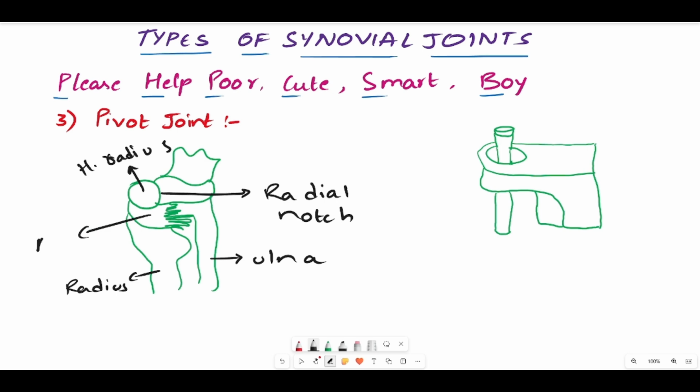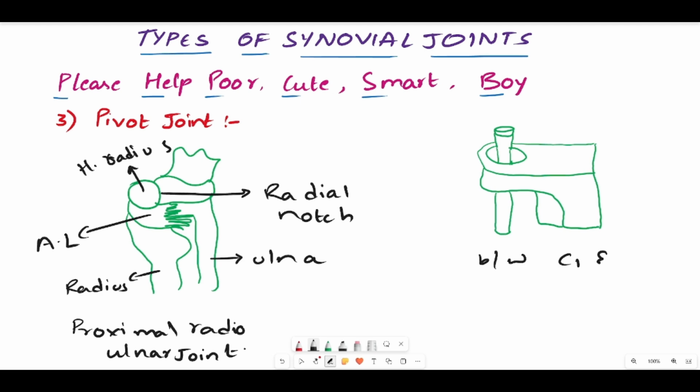And this is the annular ligament. So this one we can call the proximal radio-ulnar joint. This is one of the examples, and the second one is between the C1 and C2 vertebrae.